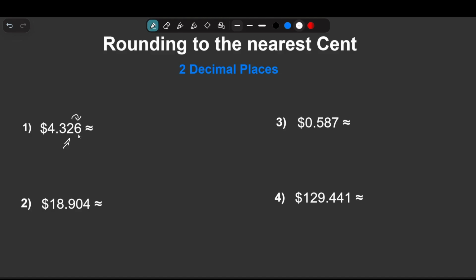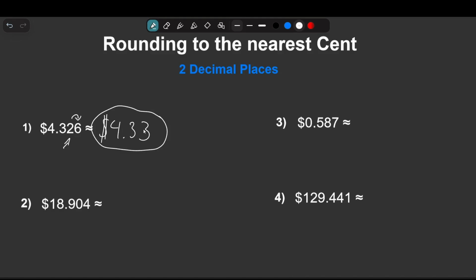In this case, we have a 6, so that means we have 5 or more, so we are going to round up. If we round this up, we get $4.33 for our final answer. So again, don't forget this: 4 or less will stay the same, and 5 or more means we are going to round up.